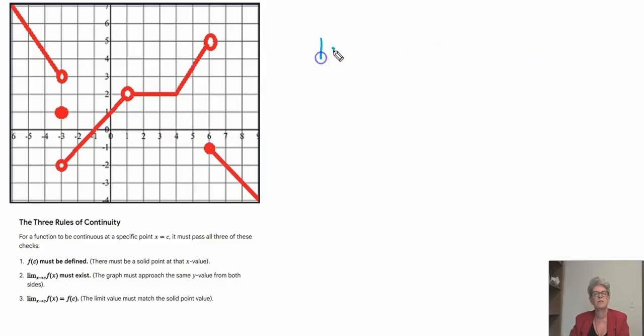I could ask the same question: is f continuous at x equals 1? And again, here's x equals 1 on the x-axis, and I'll get a neighborhood around it, so from 0 to 2. And where does that correspond on the graph? It corresponds to there. And if I start moving from left to right, I'm fine until I get to here.